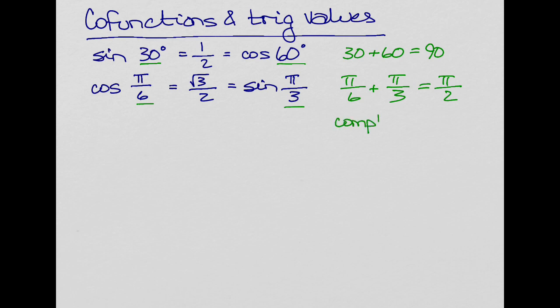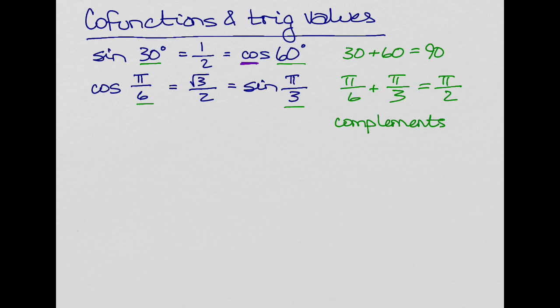They're complements. Two angles are complements if their total, when you add them together, is 90 degrees or pi over 2. In fact, the co in front of cosine stands for complement. So it's not at all a coincidence that this happens.